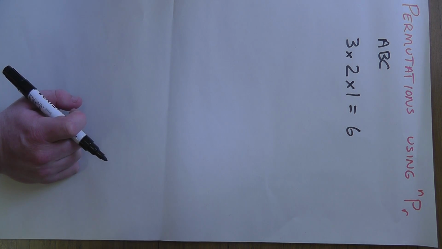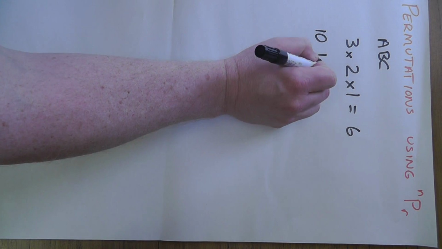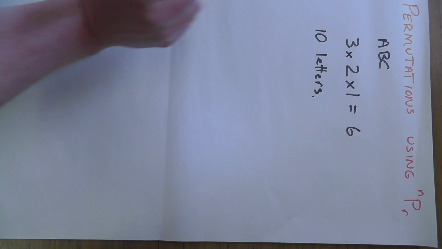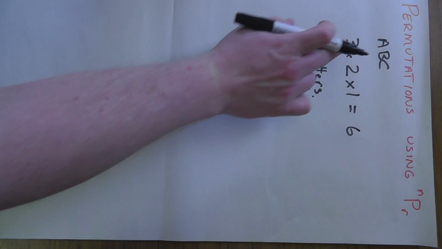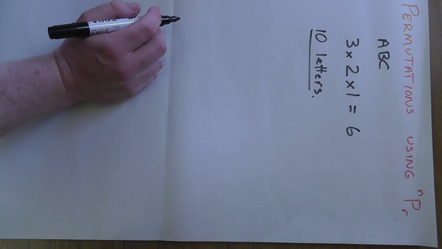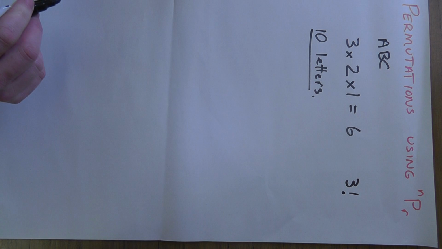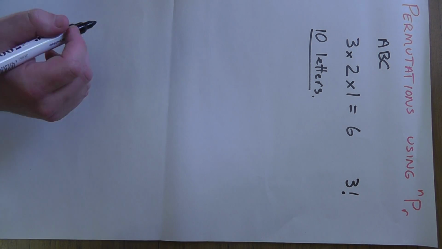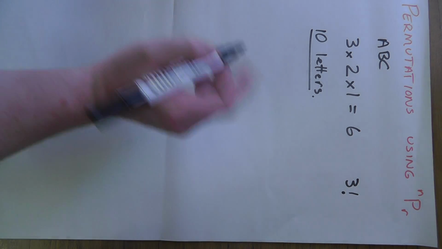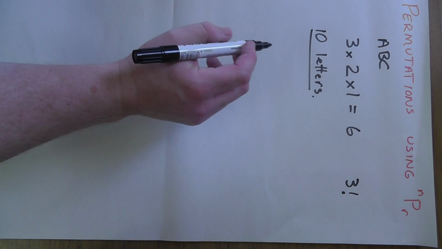Let's think of a harder example. Let's assume we've got 10 letters. Now, with this example up above, we had 3 times 2 times 1, which was 3 factorial. When we pick the groups of 10 letters, we only want groups of 3. We can't just use 10 factorial because we're not arranging all the 10 letters. We're only arranging 3 of them.